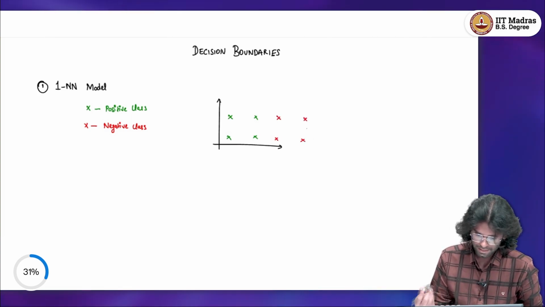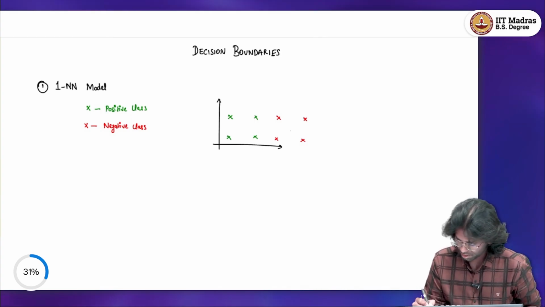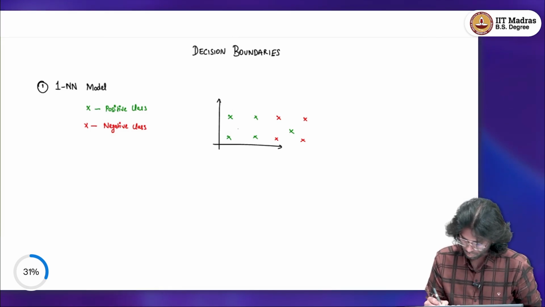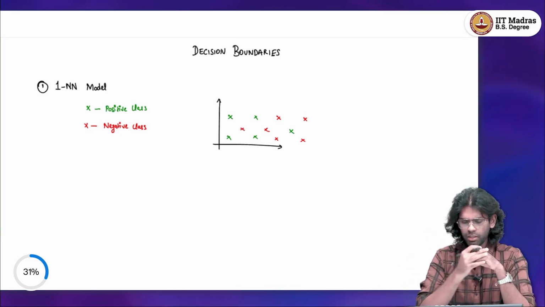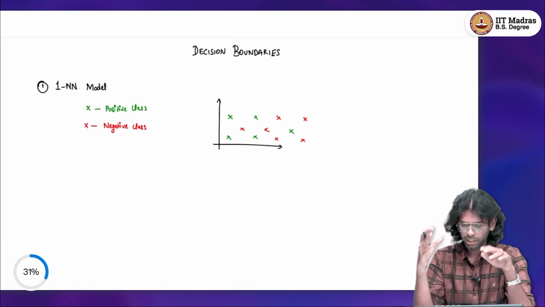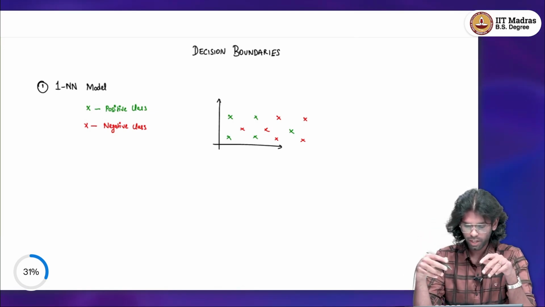Okay, and maybe we'll put in some outliers also over here. Yeah, so this is my data set. Now this is what the decision boundary is, right? I'll come to that.